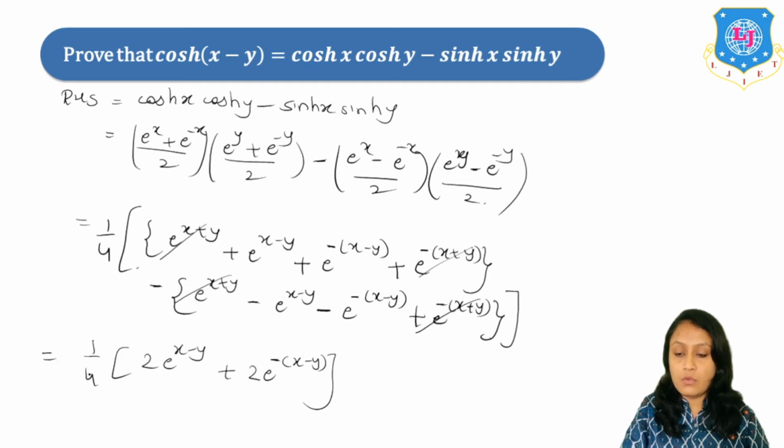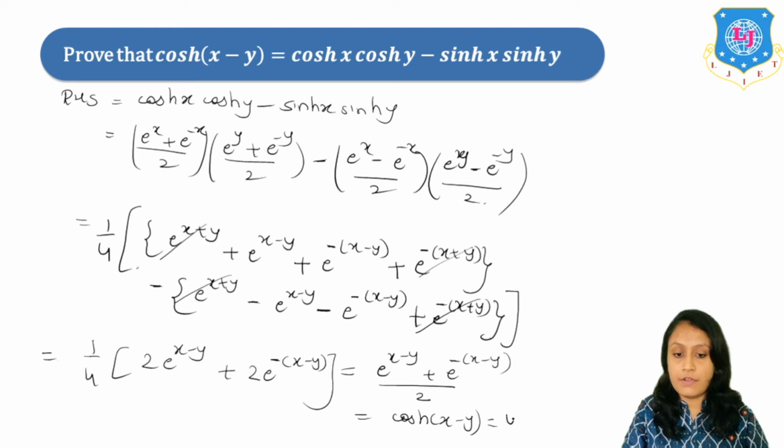Take out 2 common and it will get cancelled, so we have e raised to x minus y plus e raised to minus x minus y upon 2, and this is the formula for cosh of x minus y, which is our LHS, right? So we have proved this result.